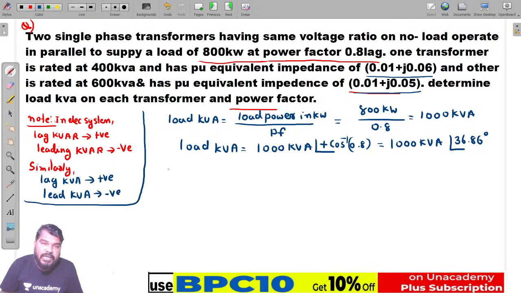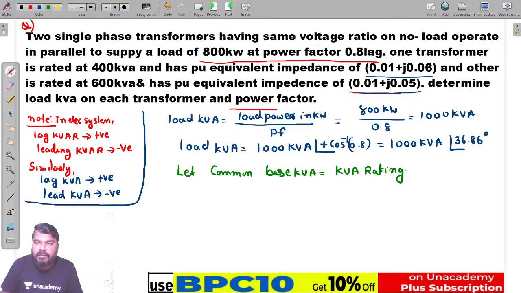So now let us assume, in this case, the common base kVA is equal to the kVA rating of transformer A. What is the kVA rating of transformer A? That is 400 kVA.